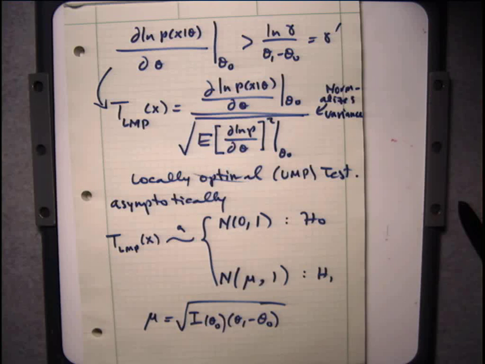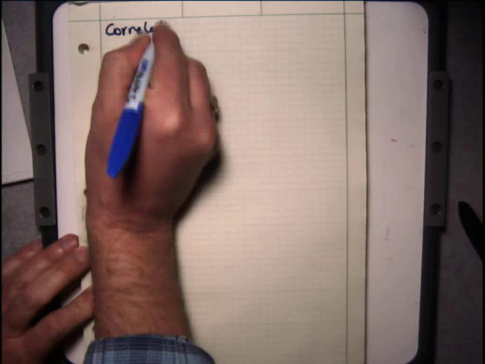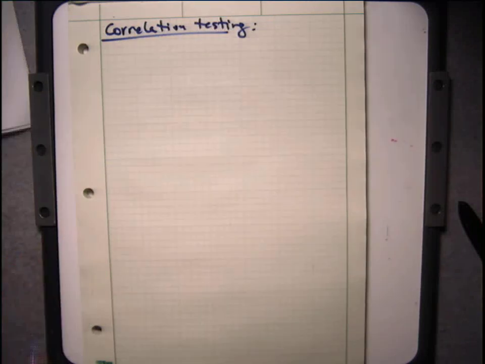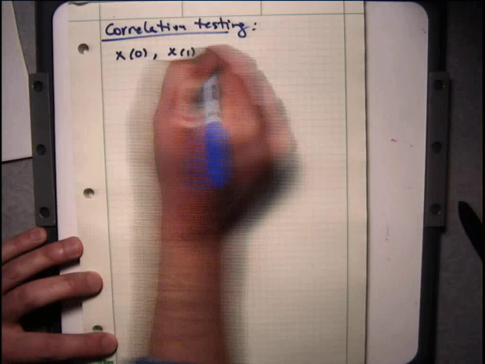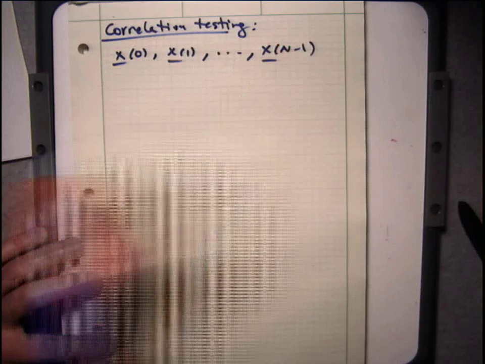Okay, so one application of this is so-called correlation testing, which turns out to be very useful in lots of different applications, for instance, communication and so on. And the basic idea here is that you have a sequence of data, and so let's call it x0, x1, say x n minus 1, and these are vectors, okay?